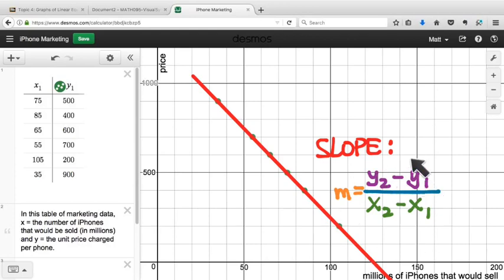As long as we do this process the same with any pair of points along this line, we're going to come out with the same answer. And for this particular line, we decided that this slope was -10.